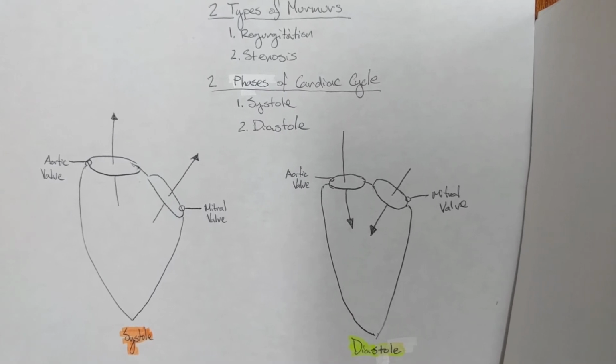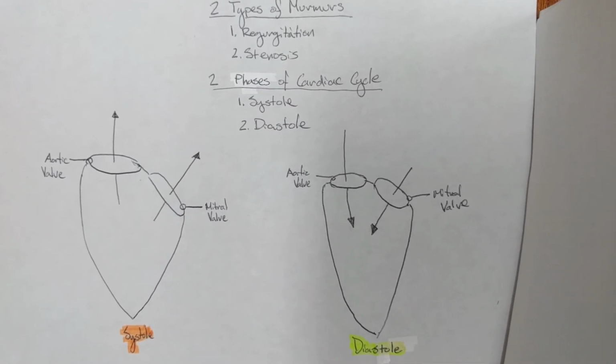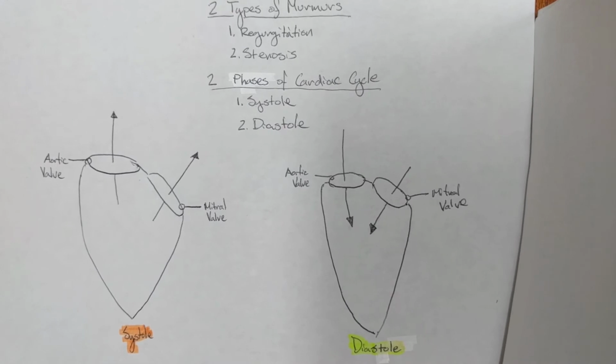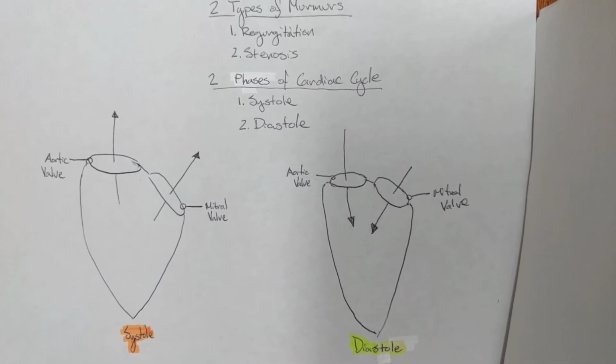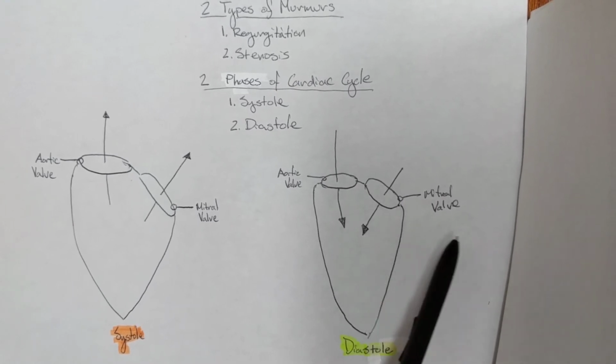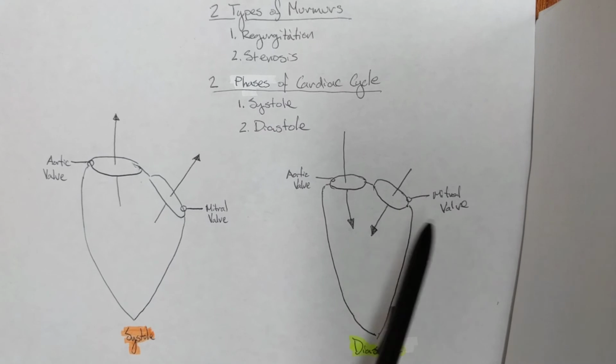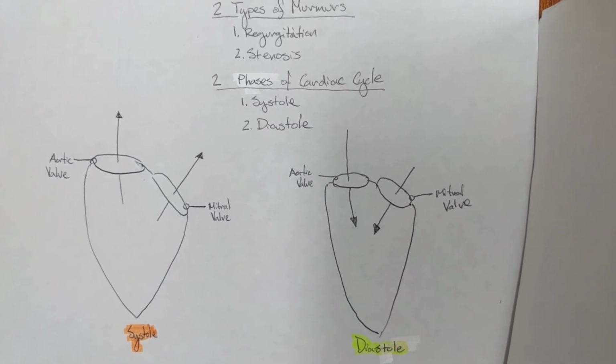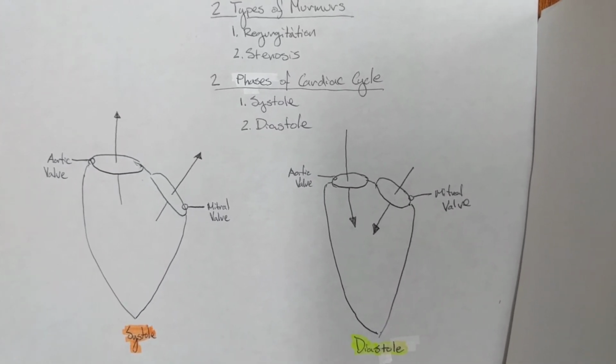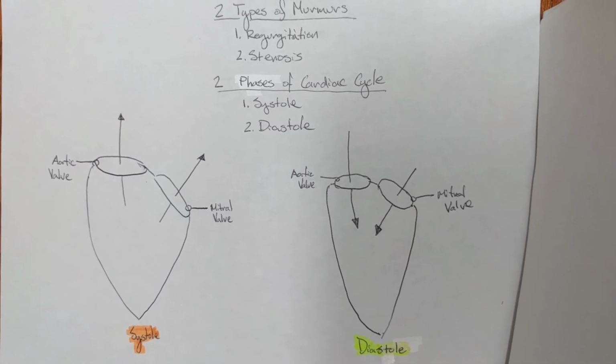The signs and symptoms of mitral valve stenosis are going to be, again, pulmonary edema and shortness of breath with lying down. The atria is going to be pushing blood through this smaller stenotic mitral valve, and that's going to increase pressures in the pulmonary system.